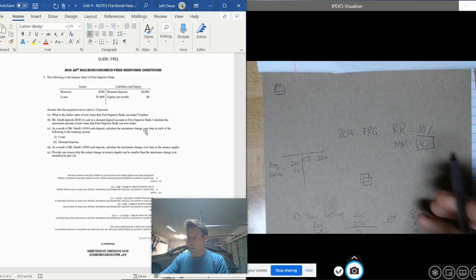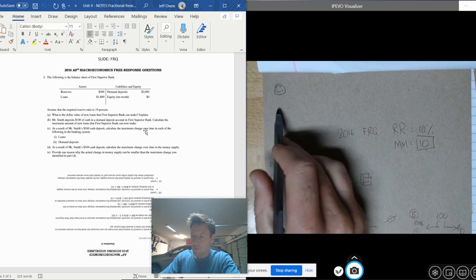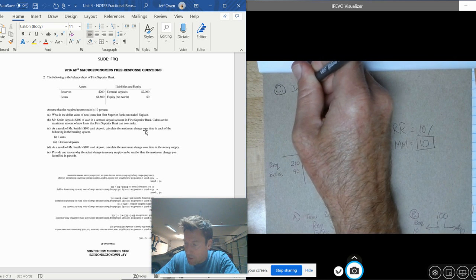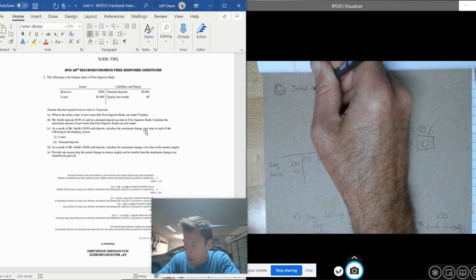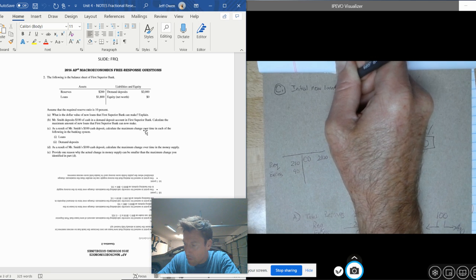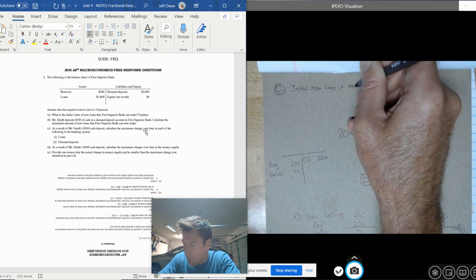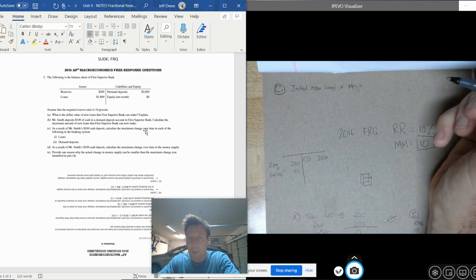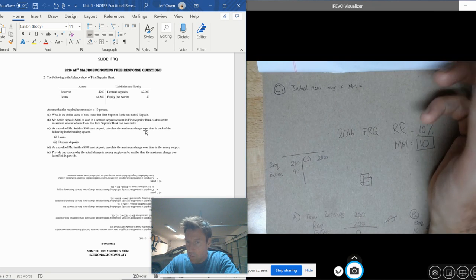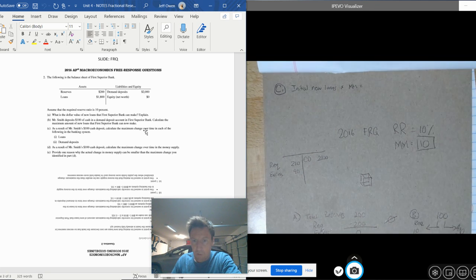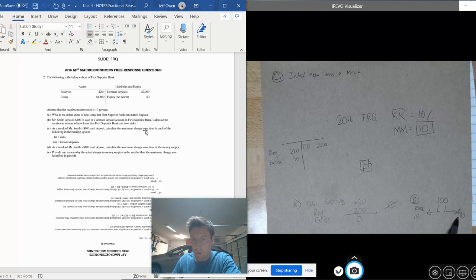So the money multiplier is 10. What's going to happen to new loans? We're going to use the equation, our initial new loans times the money multiplier will give us our maximum change over time. So the amount that we can make in new loans is 90 bucks, because that 90 became our excess.